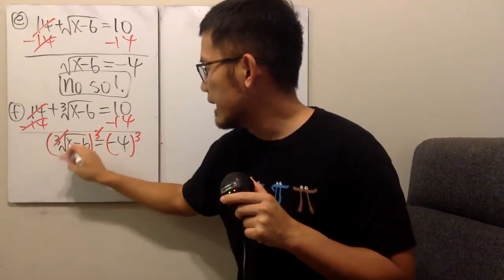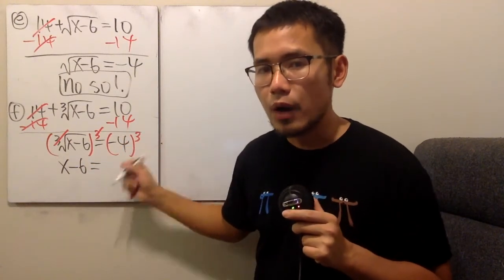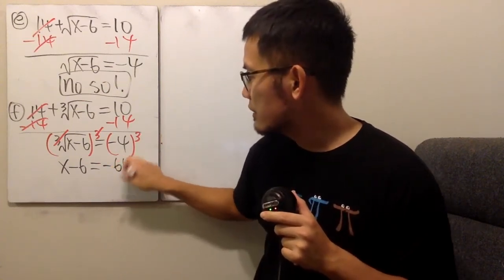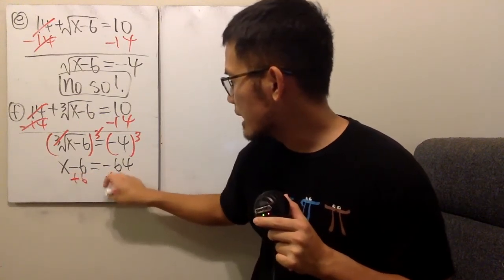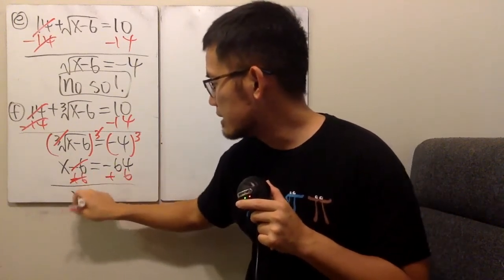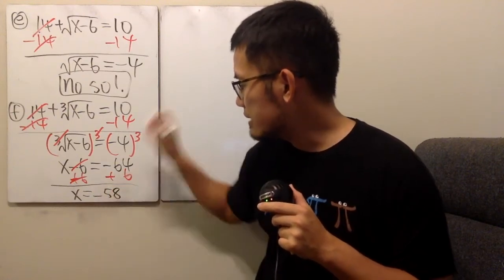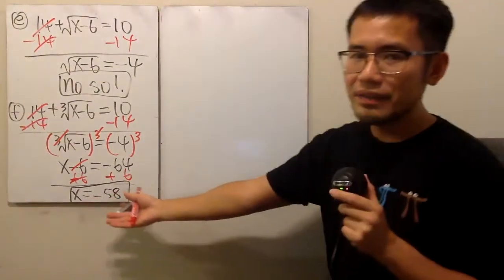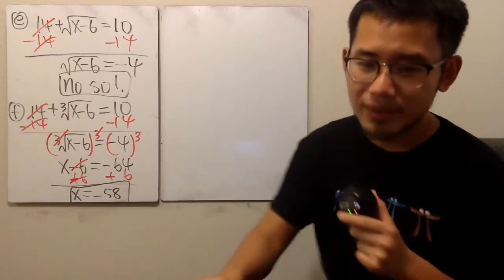They cancel, and then we end up x minus 6 equals negative 4 to the third power, negative 4 times negative 4 times negative 4, we end up with negative 64, like that. Lastly, we just have to add a 6 on both sides. Finally, we see that the x is by itself, and we get negative 58, I believe. Yes, just like that. So we do have an answer for F, but we didn't have the answer for E, just because we have a different radical.